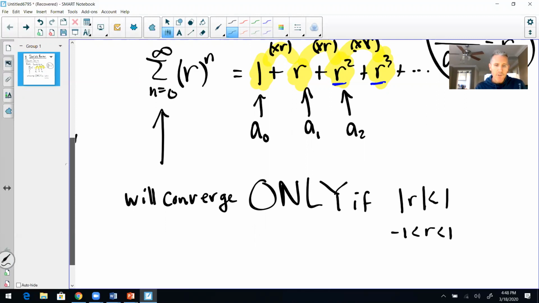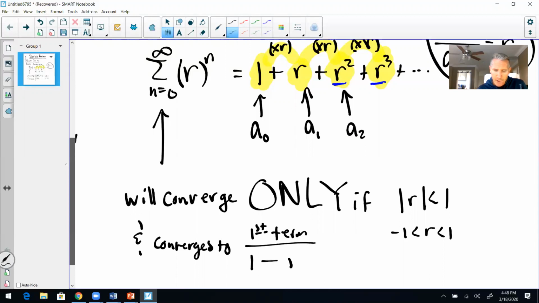Okay, so we have that this converges only if the common ratio is in between -1 and 1. And it converges to the first term divided by 1 minus that common ratio. So that's what it converges to.